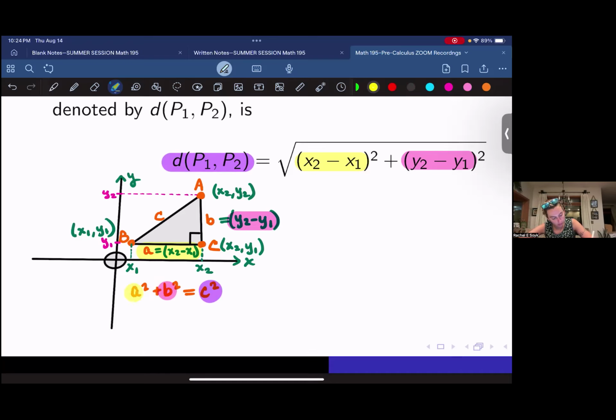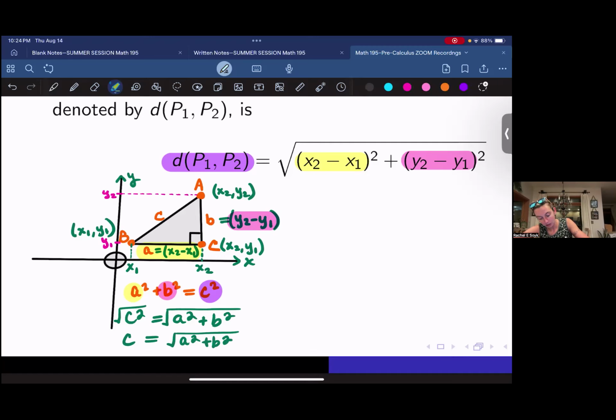And so when we look at this A squared plus B squared equals C squared, how do we get C? We take the square root. So C squared equals A squared plus B squared. Take the square root of both sides, and we get our C, aka our purple, is equal to the square root of our A squared plus our B squared.